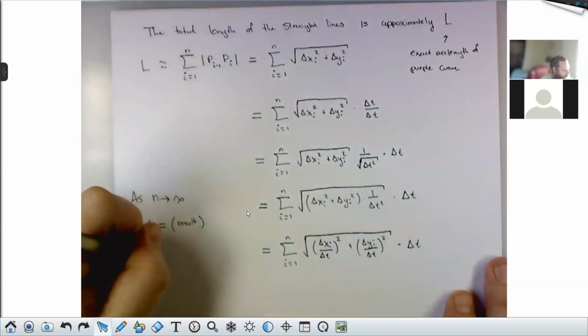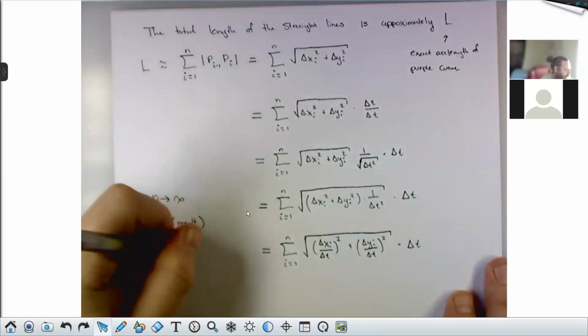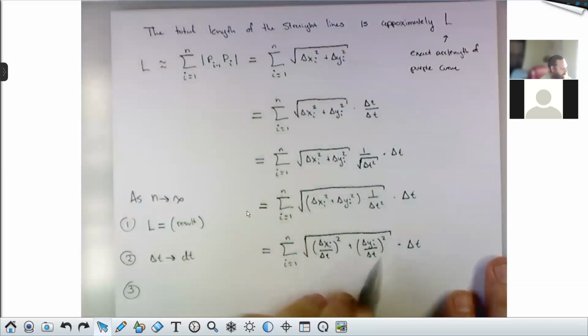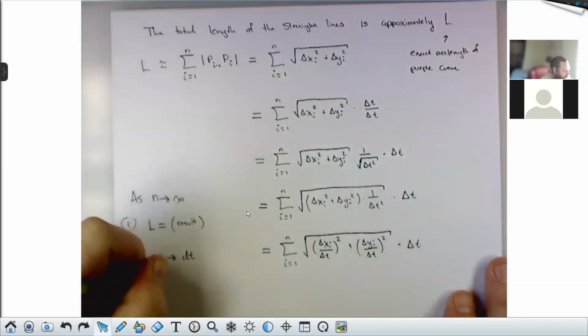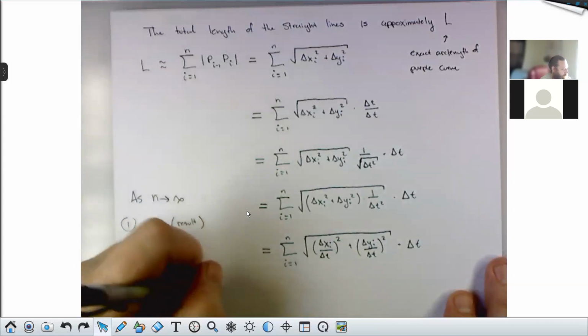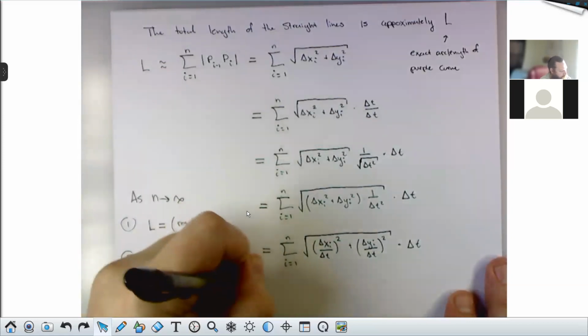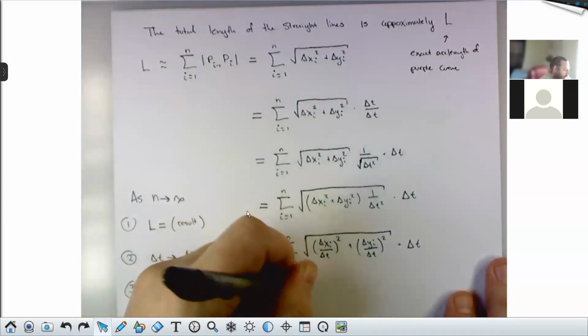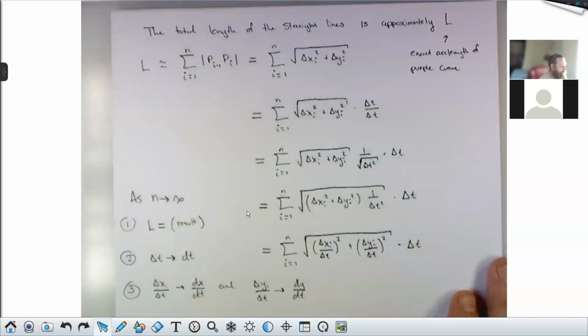Two, delta t becomes the differential dt, and three, these guys, delta x_i over delta t, become dx/dt, and delta y_i over delta t becomes dy/dt.